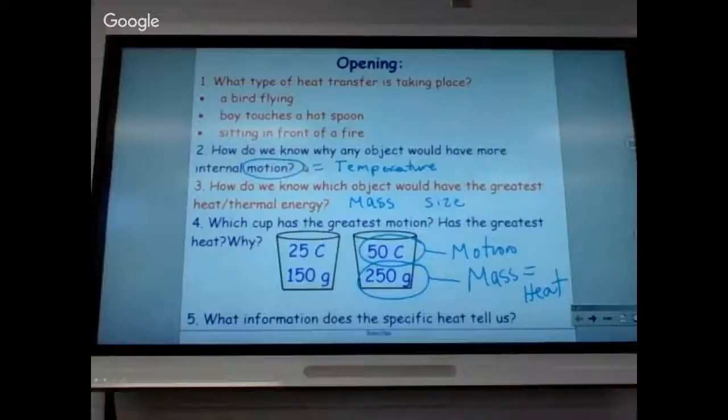All right, what information does specific heat tell us? What does specific heat tell us? Unless you looked in your notes, most of you probably don't remember.